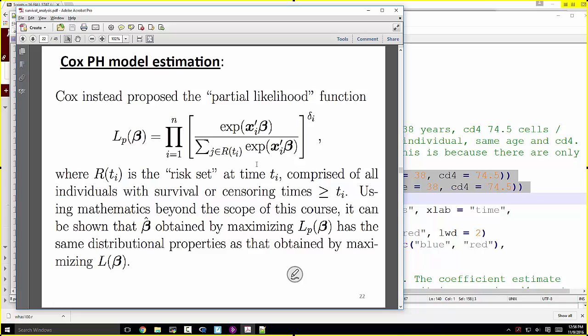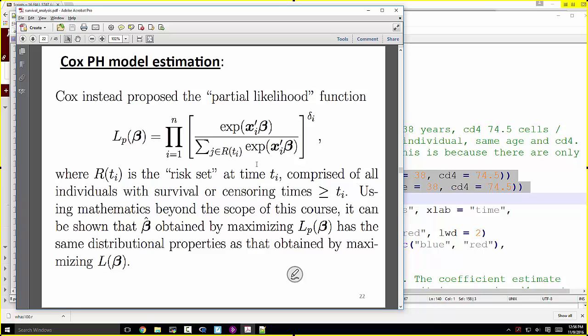And so he proposed a different likelihood target, not the likelihood that you would write down technically, but this other thing called the partial likelihood. It is just another way of expressing all the beta coefficients related to the observed data, and it needs to be maximized.